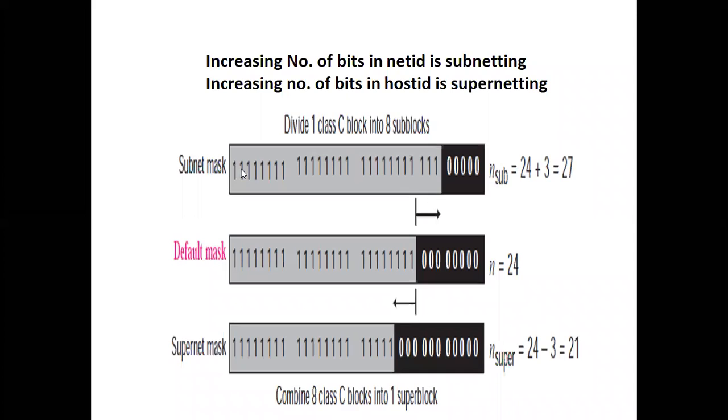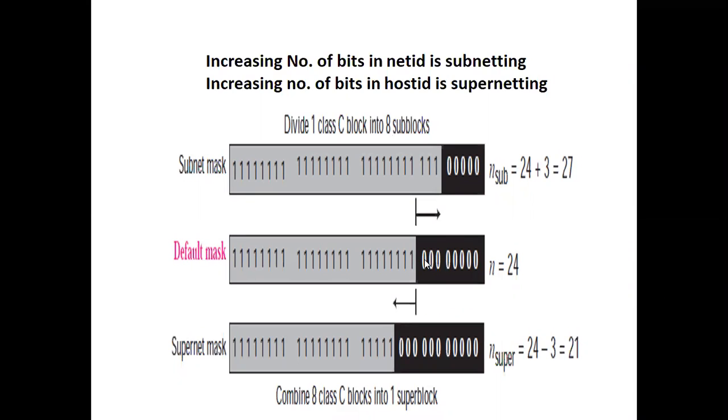So this is the subnet mask of 8 subnets. Divide one class C block into 8 sub blocks. When you have 8 subnets to divide, 2 raised to 3 means 3 bits, so you should add 3 more bits to your default mask. So you can observe it, 24 plus 3, 27 bits are there in the subnet mask.